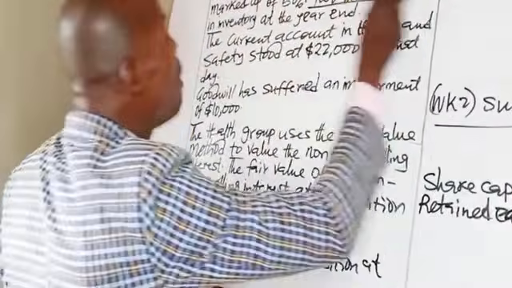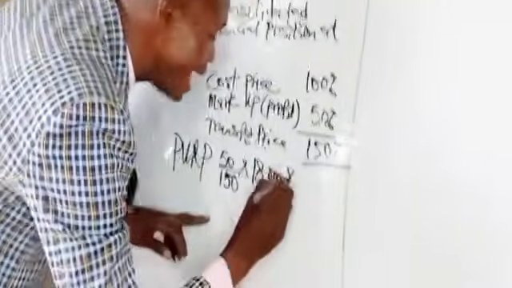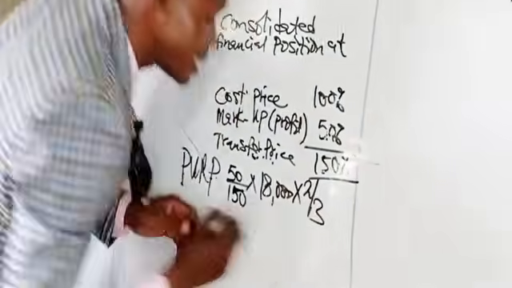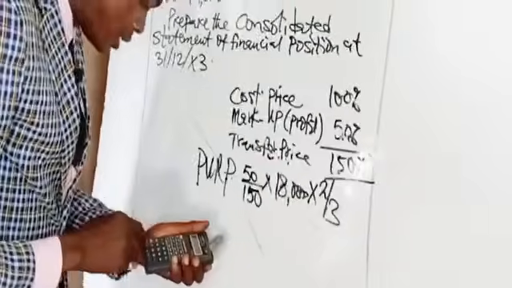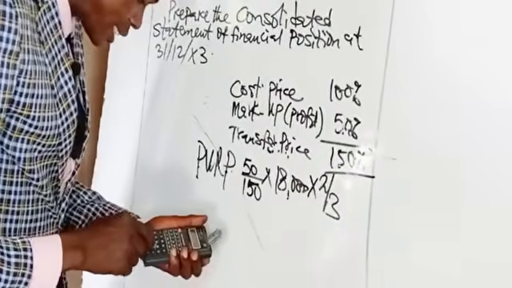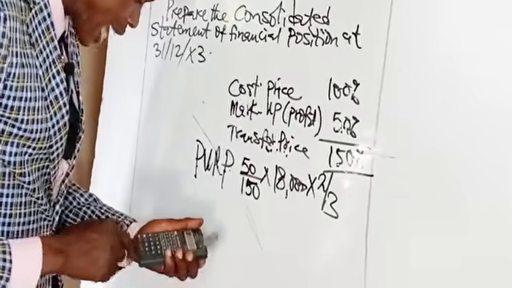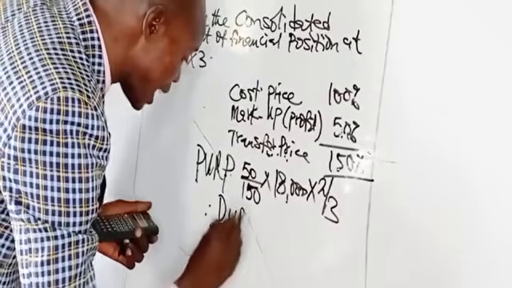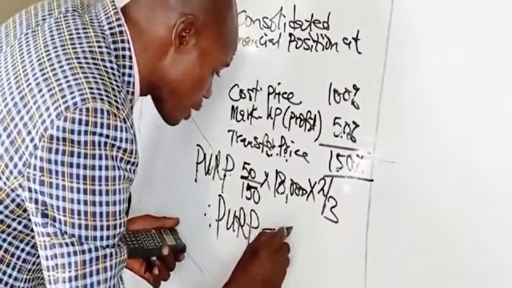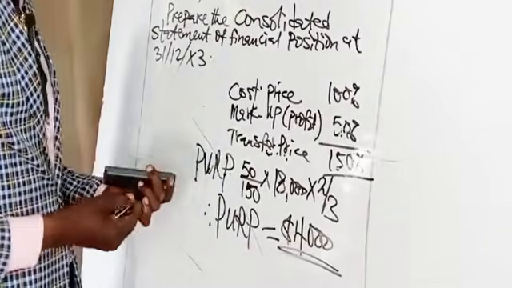The one that remains unsold is 2/3. So the unrealized profit is 50 divided by 150 times 18,000 times 2 divided by 3. That gives us 4,000. The provision for unrealized profit equals 4,000.